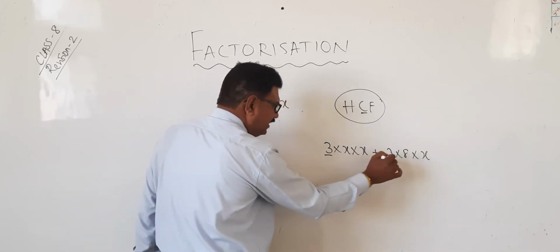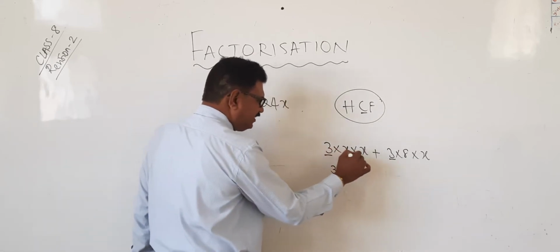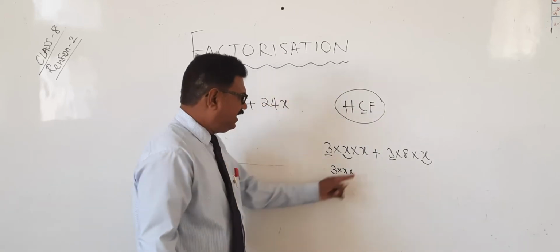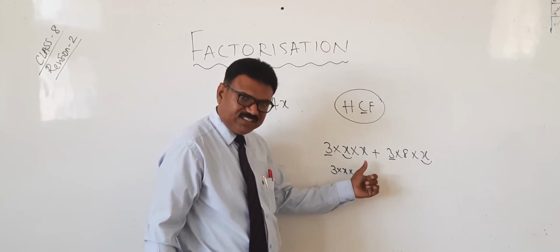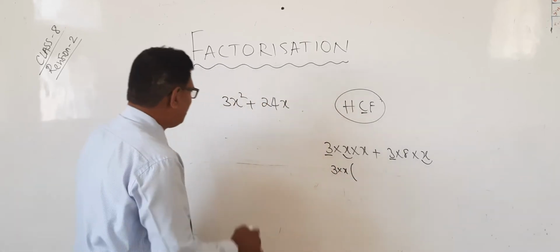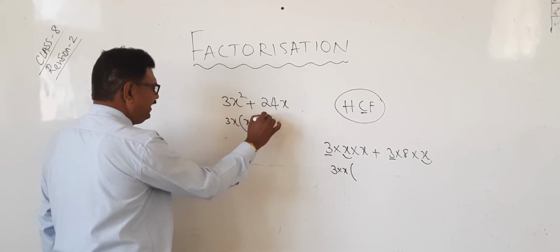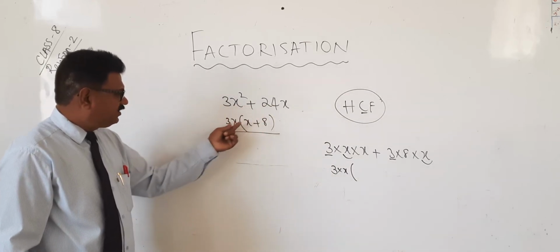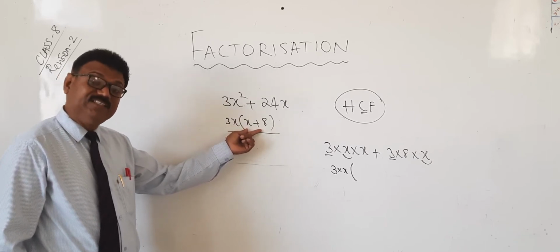Here 3 is there, here also 3 is there. If you take x, x is here and x is also here. Therefore, 3 into x. Here is one more x there? No. Here 8 is there, here 8 is not there. Not there. That means only 3x is common. Therefore, if you take 3x common, what happened? X plus 8. Did you understand? Therefore, for this, 3x is a factor and x plus 8 is also a factor.